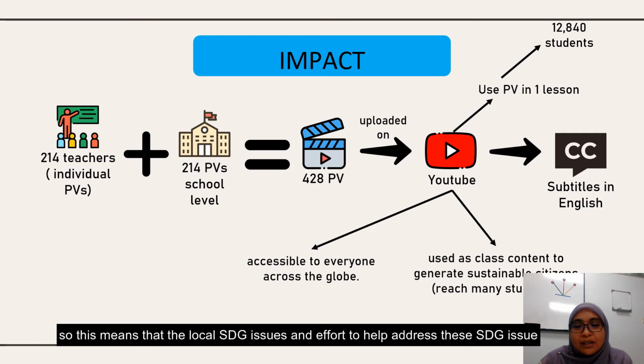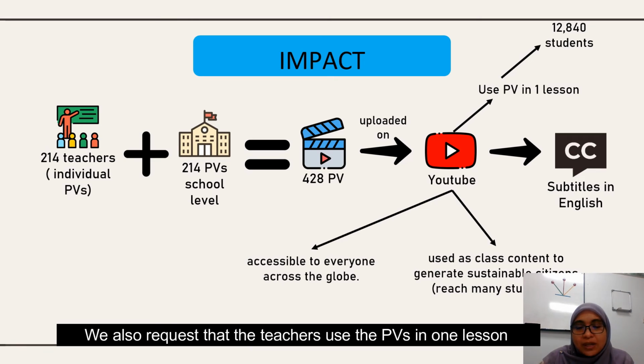This means that the local SDG issues and efforts to help address these SDG issues became accessible to everyone across the globe, so anyone can watch the videos and access them. We also requested that the teachers use this PV in one lesson.